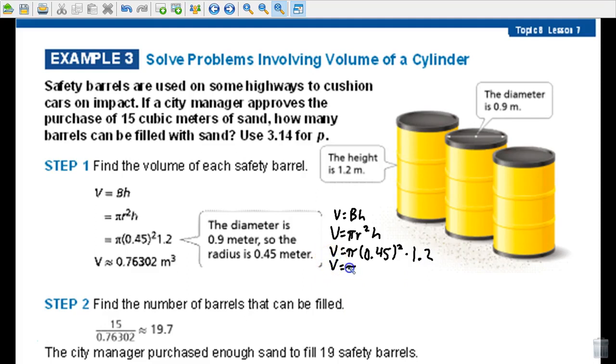V equals pi times 0.2025 times 1.2. And then we multiply that times 3.14.